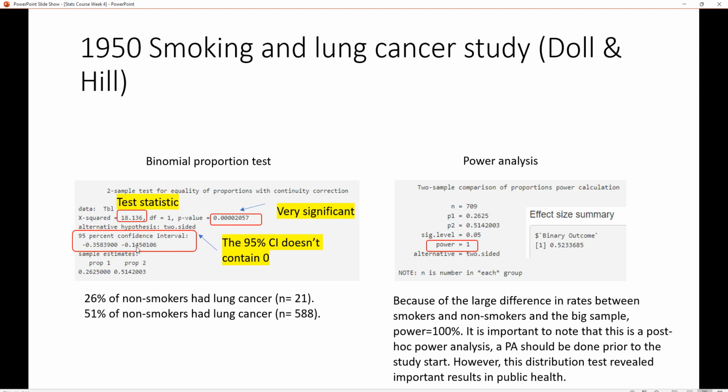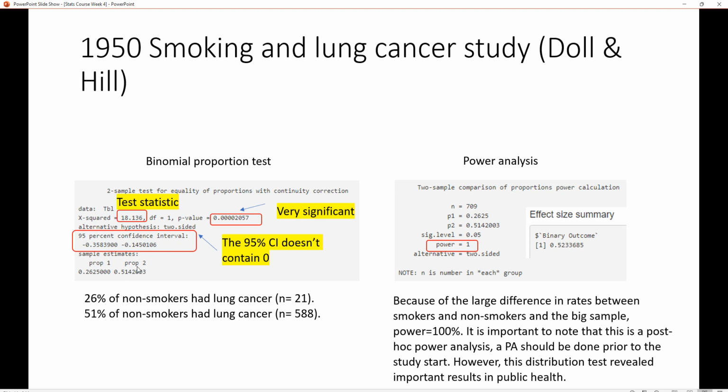That would be the group difference between non-smokers who had lung cancer and smokers, which should read as 51% of smokers. But when we look at those who smoked and those who had lung cancer, the rate is about double for smokers.